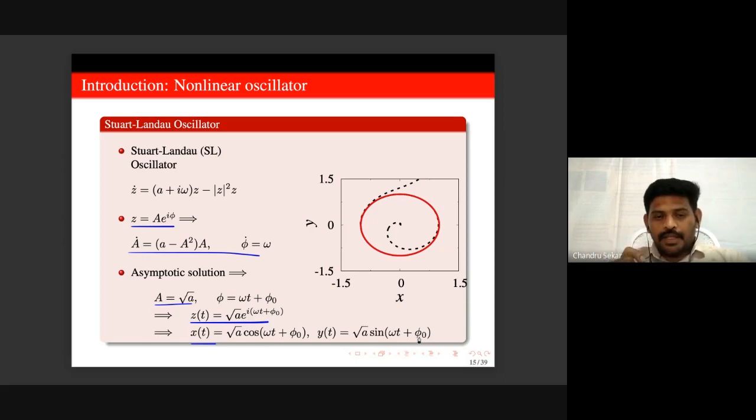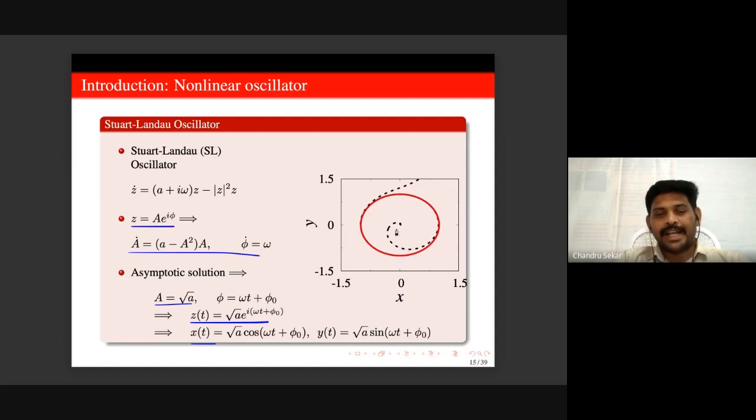This solution is called a limit cycle solution because whatever the initial condition of the system, in the asymptotic limit the system settles into an isolated periodic orbit. If the initial condition is inside the closed orbit or outside the closed orbit, asymptotically the system settles into an isolated closed orbit.